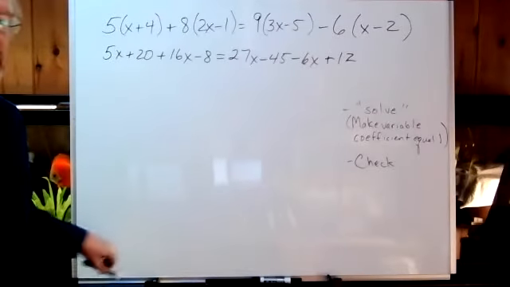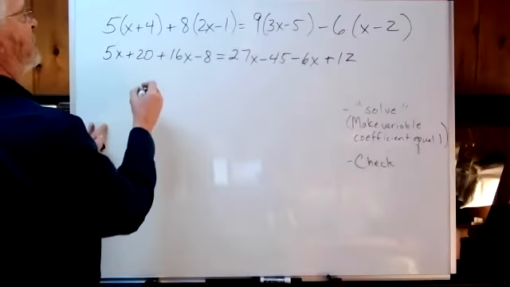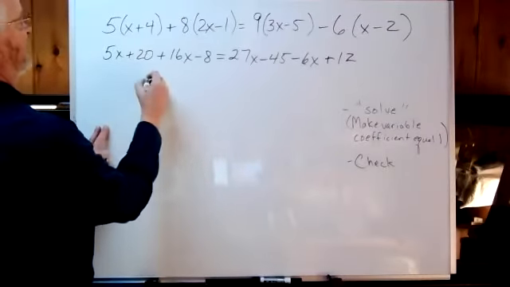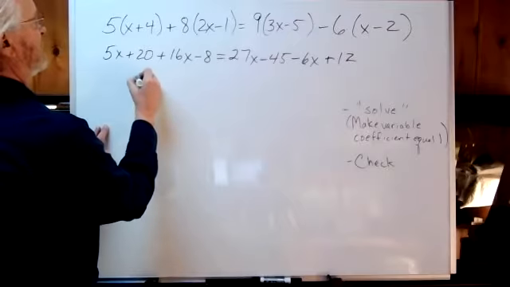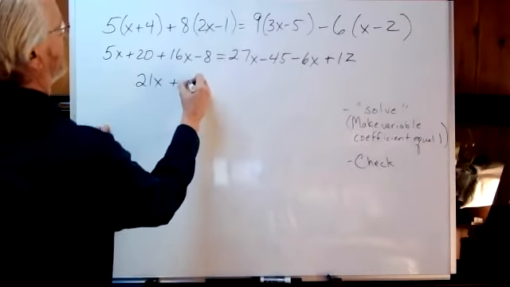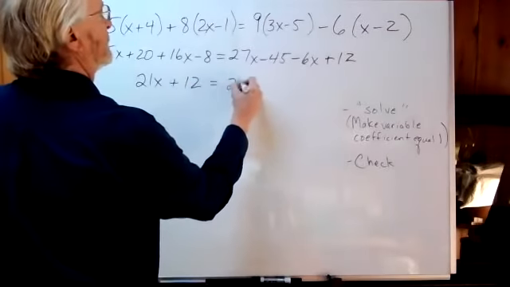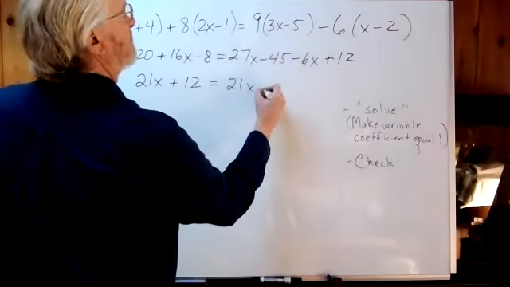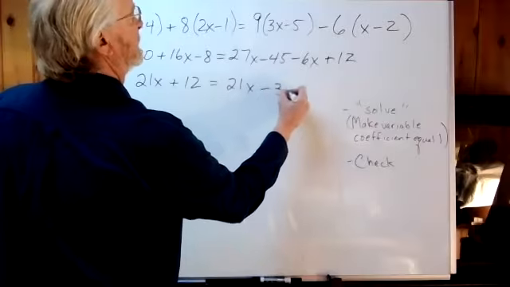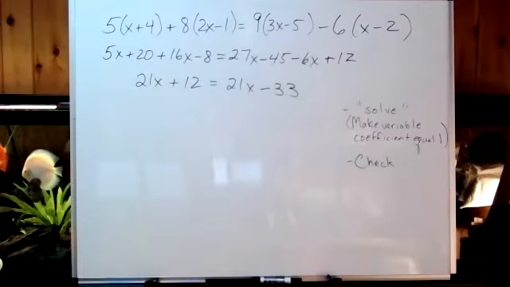I'm going to just combine terms, all right? Hopefully you're farther along. I'm not stopping you from doing the thinking. So here I'm going to put my X's together. And 12, right? All right. And over here, my X's together. And it's what? Minus 33. Hopefully you agree.